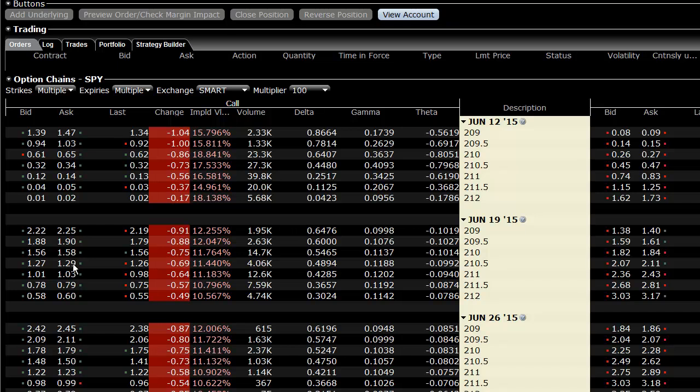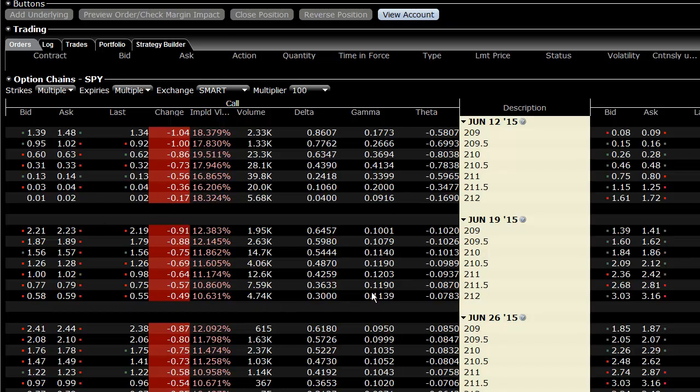The 210.50s are about $1.29. If I'm looking to take a trade here, this is where I would be concentrating, maybe the 210 to 210.50s, or even the 211s, if I think we could get a decent move back up to 211.